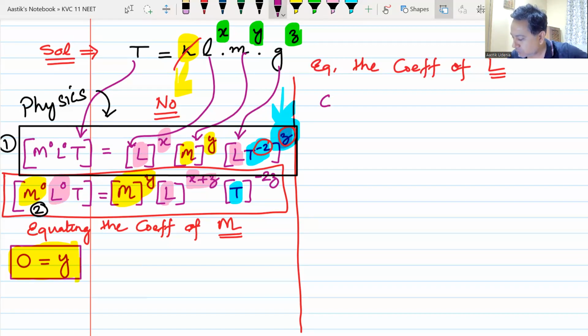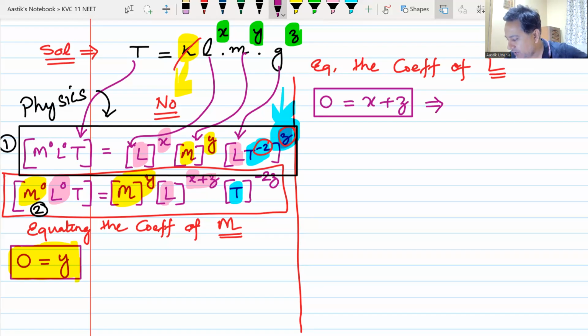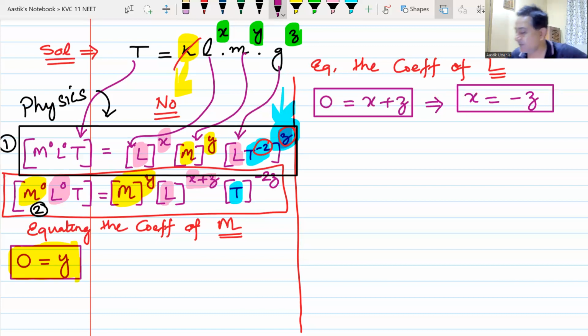What is the coefficient of L on the right hand side? x plus z. That is the next equation that I get. So from this equation, I can write x equals minus z, or z equals minus x. Doesn't matter, it is one and the same thing.